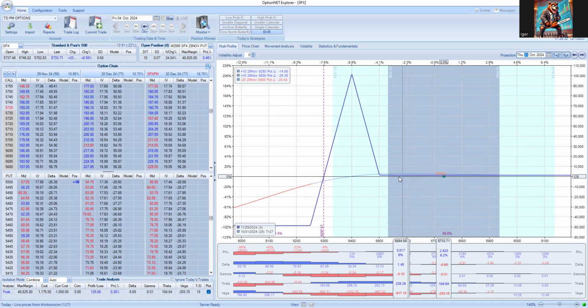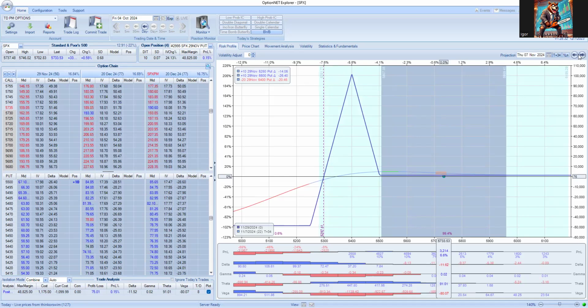But if we start to move towards the center, or the tent, of this butterfly, you can see my T plus zero is starting to slope downwards, which means that if we're somewhere around 5,500 maybe a month from now, and we only have 29 days, as the time starts to run out, this trade is going to become more and more sensitive.